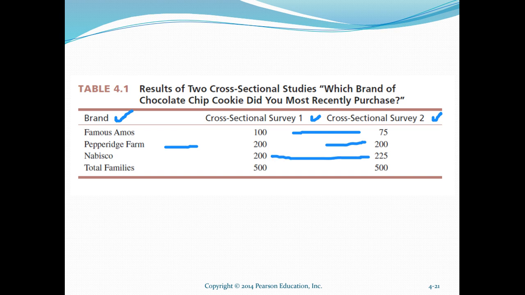In total we went for 500 responses in each survey. Now we can see the most favorable is 425, followed by Pepperidge Farm, and then 175.